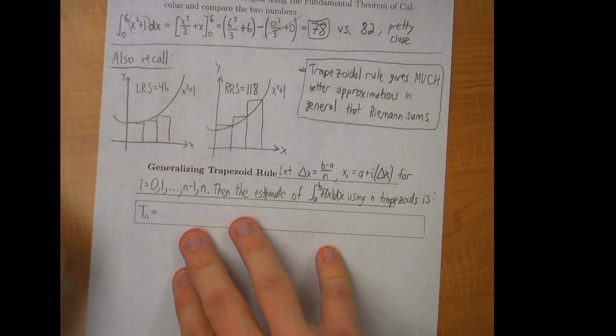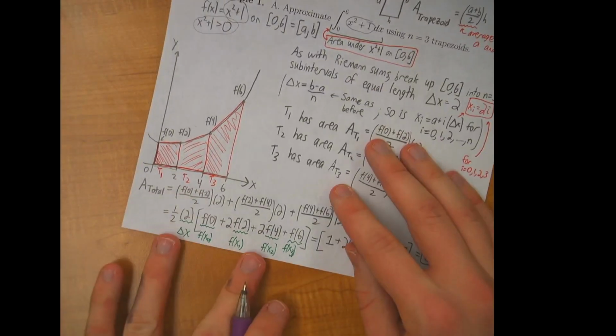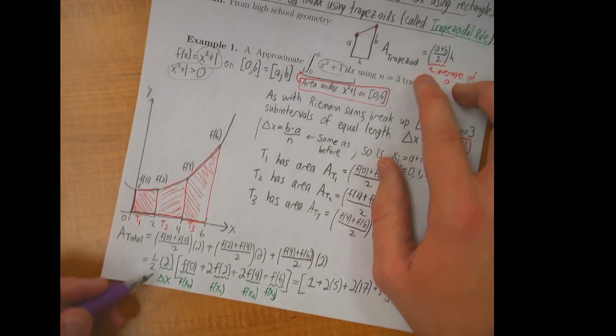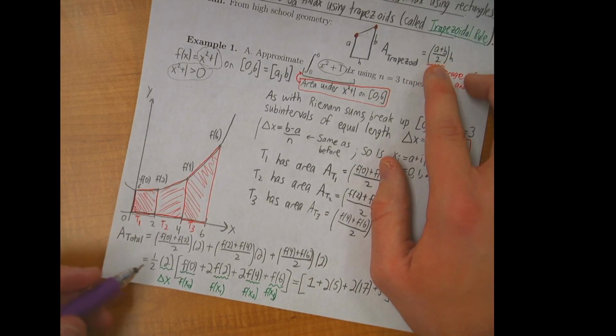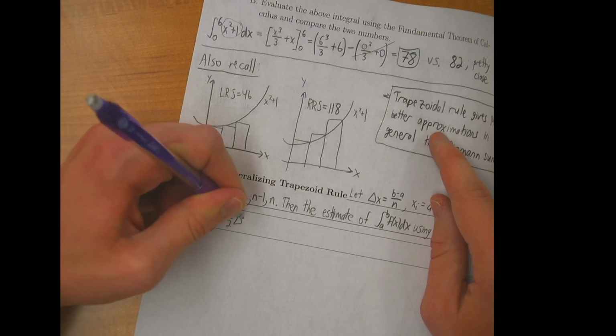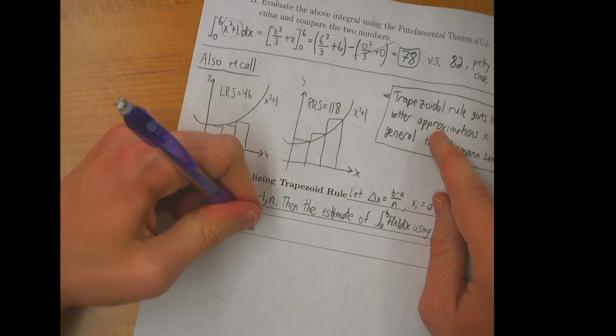So if we take a look back at our approximation that we got here, you'll notice we have 1/2 because of the divide by 2 here, and then times 2, which will correspond to our delta x. So we have 1/2 times delta x, and then times the quantity.